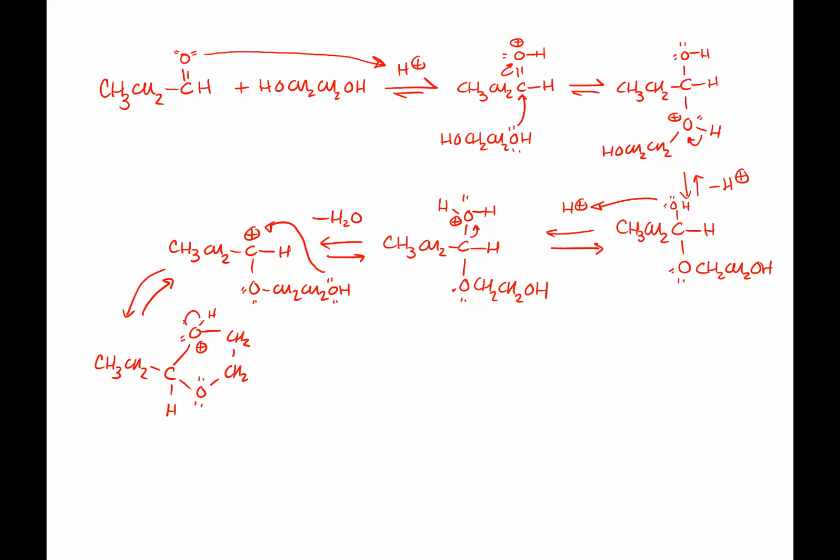And then, of course, we're going to lose our proton in the final step, because remember, this acid up here is the catalyst. And so we're going to end up forming a 5-membered ring.